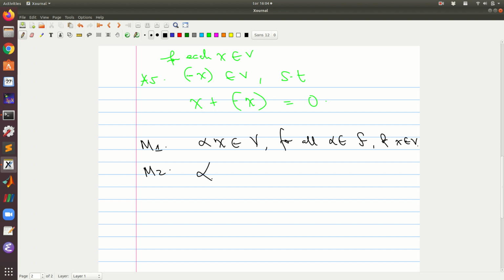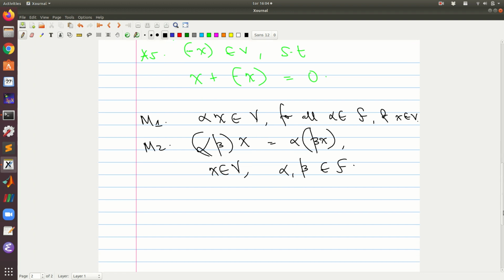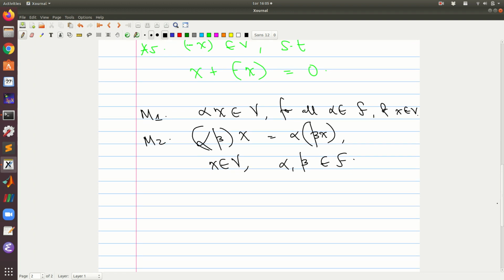Then M2, associativity also holds here, so alpha times beta x is the same as saying alpha beta times x, where x is taken from the vector space and alpha and beta are taken from the field F.